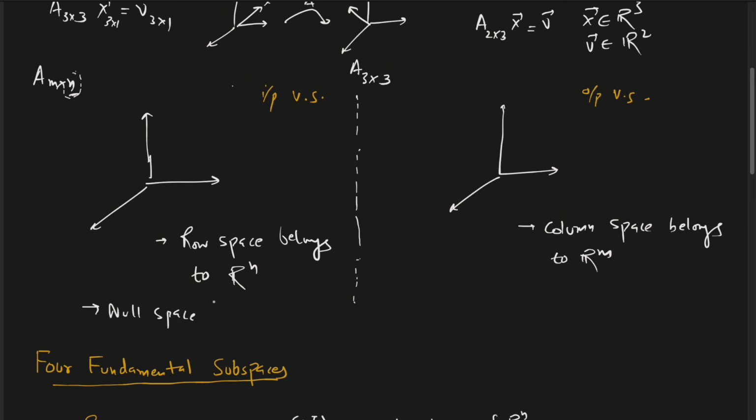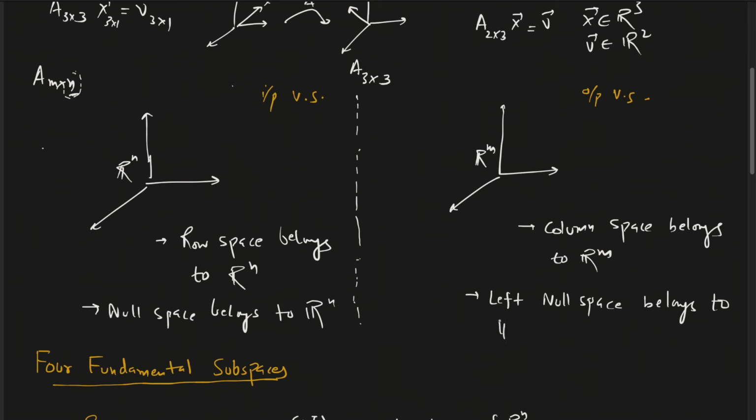Null space belongs to Rn, that is, the input vector space. This is Rn, and this is Rm. And the left null space belongs to Rm.